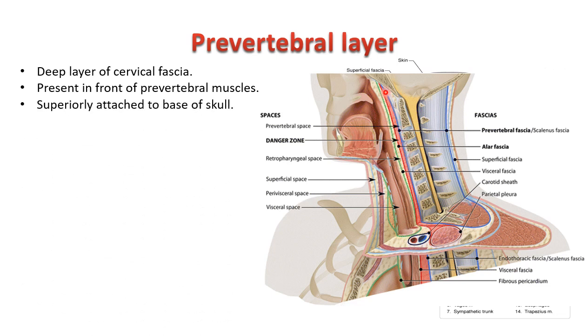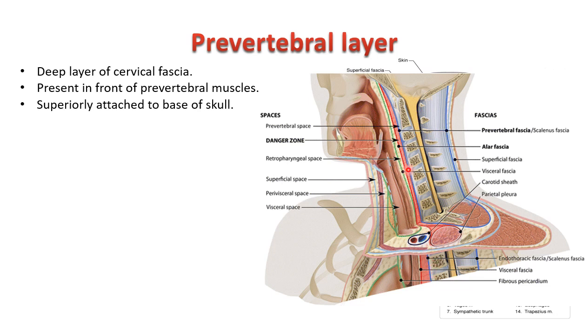It is attaching to the base of the skull, that is the clivus you are able to see. If you trace it below, it merges with the anterior longitudinal ligament, so it passes from the neck to the thorax, to the posterior mediastinum. Here we have seen the superior, and then merging with the fibrous pericardium, which is situated in the middle mediastinum.